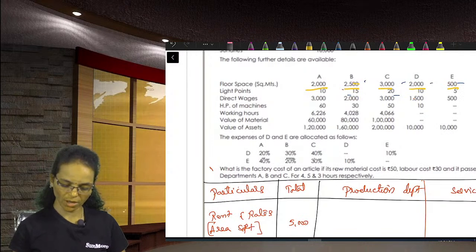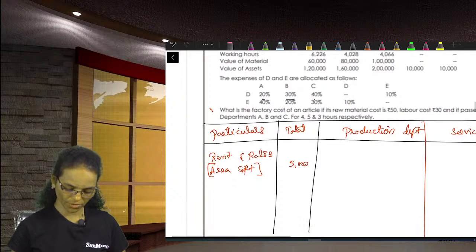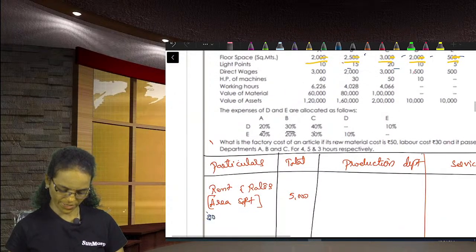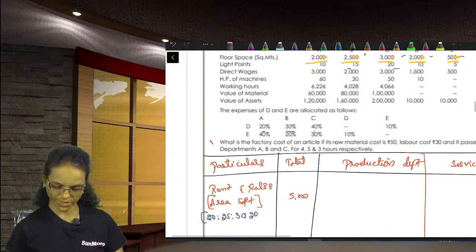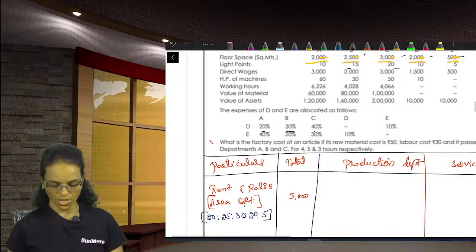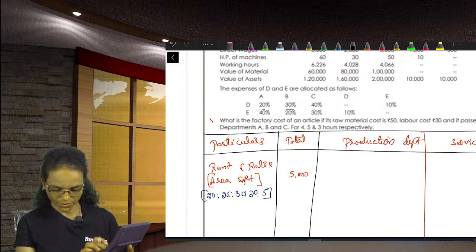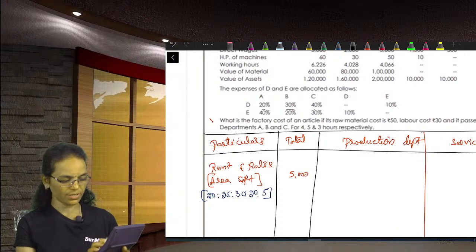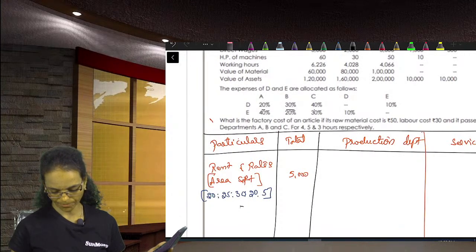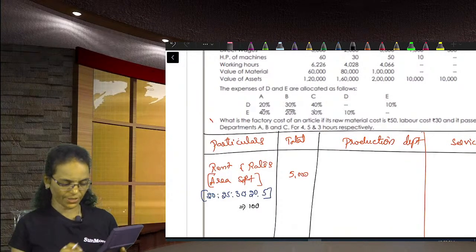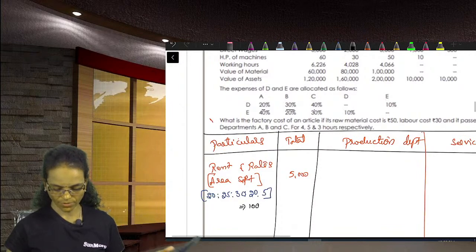Everywhere 2 zeros are common, so remove them. Now write 20 is to 25 is to 30 is to 20 is to 5. The total is 20 plus 25 plus 30 plus 20 plus 5, which is 100. 20 divided by 100 into 5,000 is 1,000.